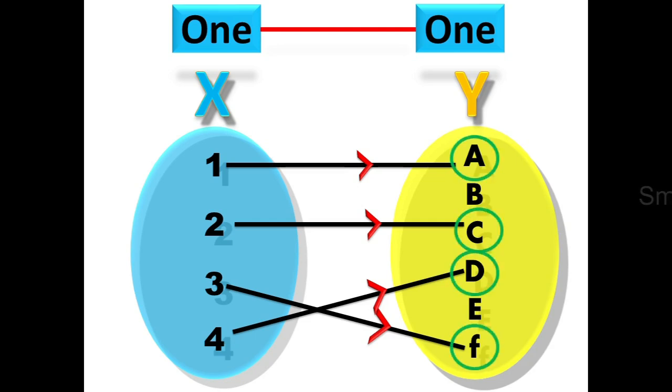A function f from X to Y is defined as a one-one function if the images of distinct elements of X under f are distinct.